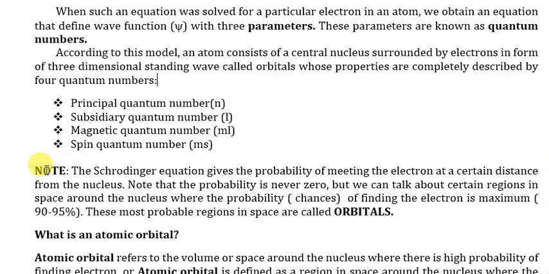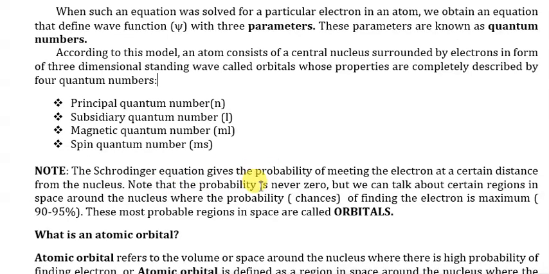Note here that the Schrödinger equation gives the probability of meeting the electron at a certain distance from the nucleus. It simply gives us the probability of finding the electron at a certain distance from the nucleus.